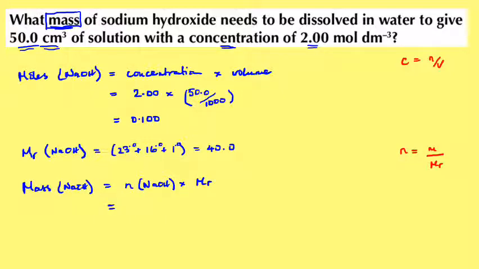Okay, so moles, we've worked out in the first part of the question was 0.100, and the Mr we've just worked out there, which is 40.0, and so you can quickly see that the mass to three significant figures is 4.00 grams.